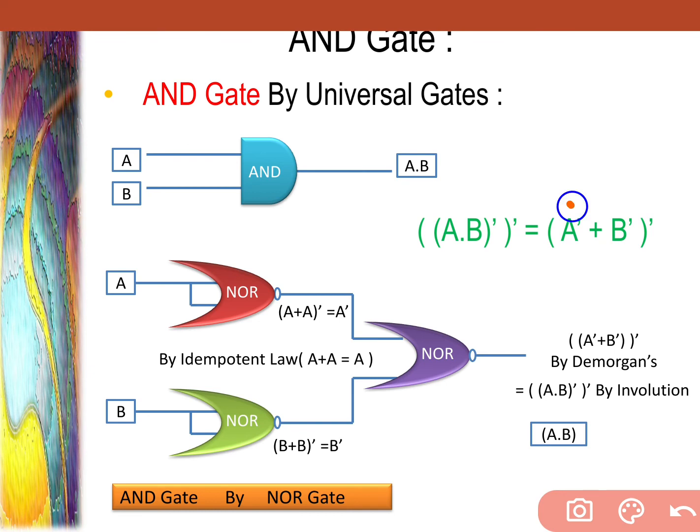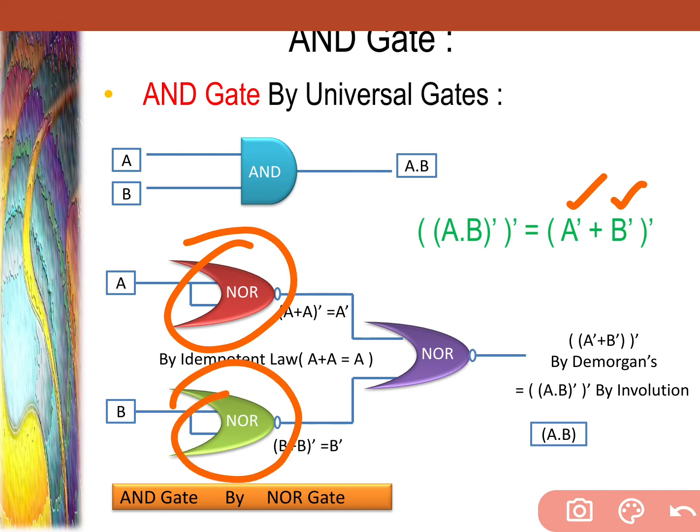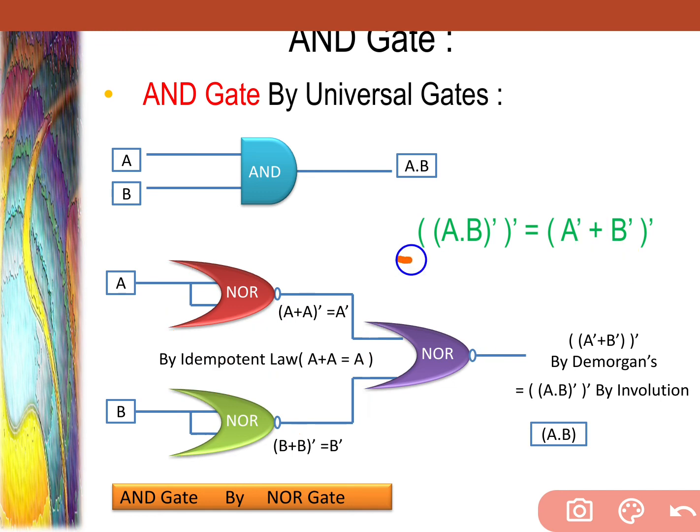See, the funda I'm using, I'm creating A dash from NOR, B dash from NOR, and then I am sending A dash and B dash through NOR, then I am getting plus and dash. See, from this I had created this.